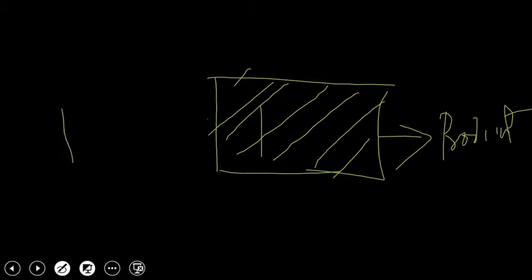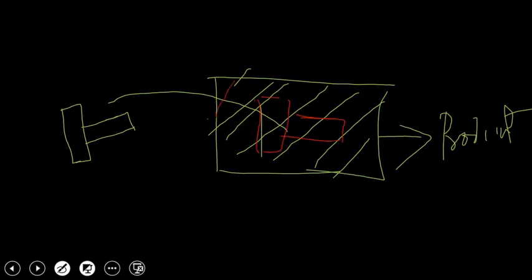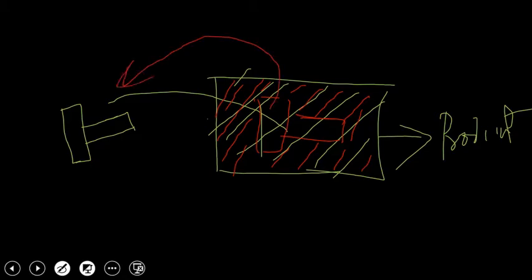Suppose the desired product is of this shape. So this product has to be taken out from this raw material. So what I need to do, I need to remove the unwanted material from this object so that I can convert this raw material into some useful product.